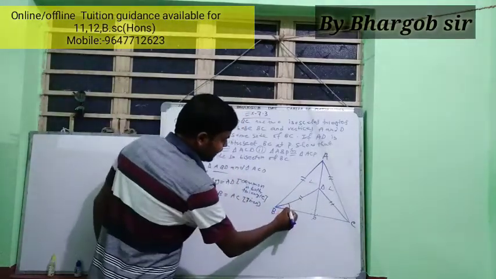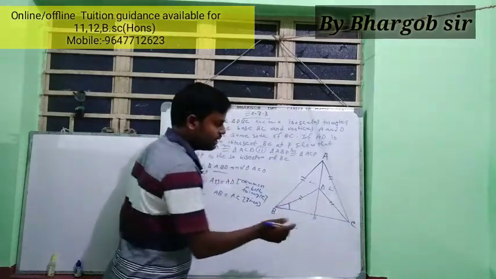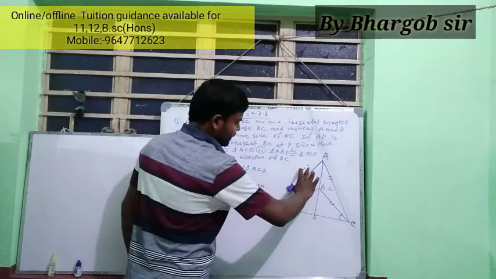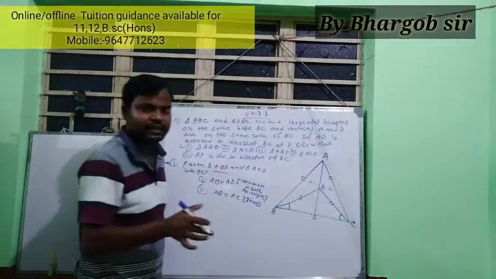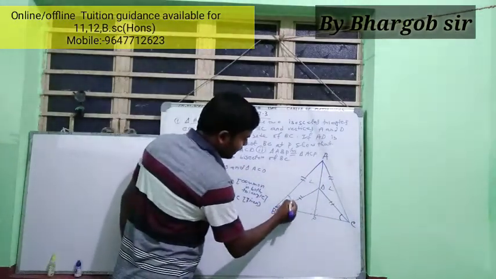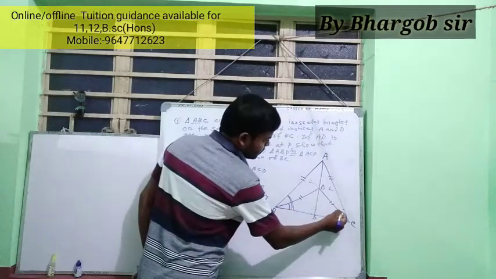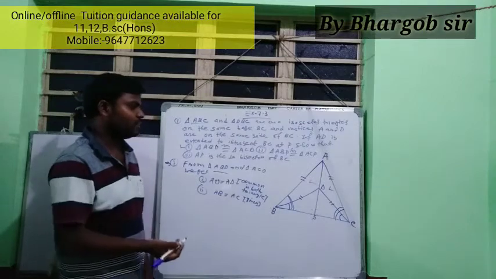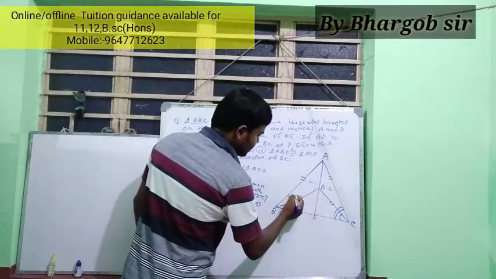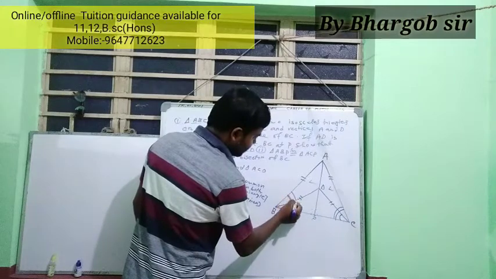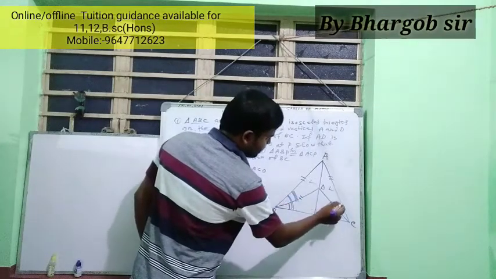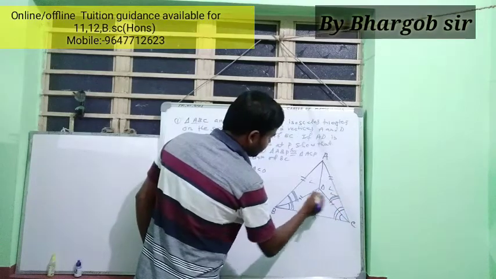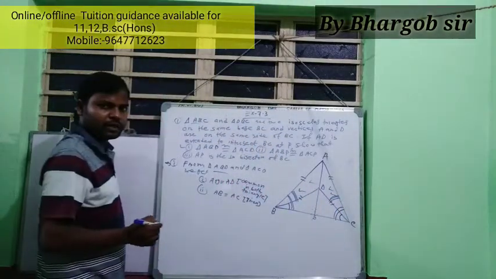If we take this side and this side equal, then these two angles are equal. And if we take this side and this side in the big triangle ABC, then this total angle and this total angle are equal. So obviously the remaining angle and this remaining angle are the same.